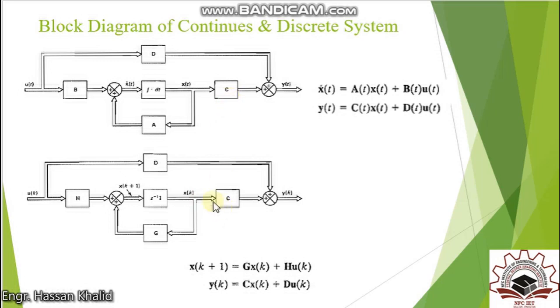The feed forward path, the D vector, is also the same, whereas the input in the continuous time system is mentioned as B, while in the discrete time system we transform all those input analog values into a set of pulses and replace that vector with the H vector. Similarly, our system in the discrete domain is defined by the G vector, and the state equations for both systems are mentioned in front of their block diagrams. You can easily see them.